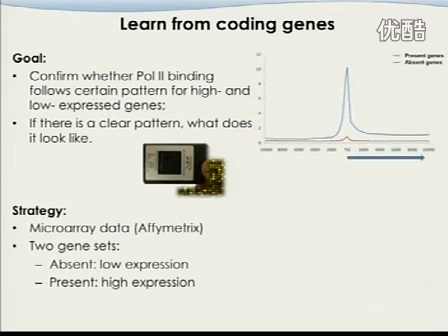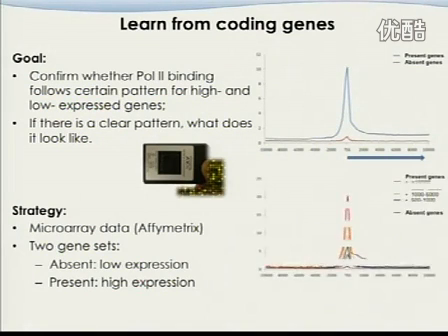So here's the distinction. For the genes that are expressed, which we can detect in the arrays, the RNA polymerase II ChIP-seq signals look like this, okay? And for the ones that we were not able to detect in the microarray, it looks like this. Okay, so you can still see a small bump here, but it's not really too much.